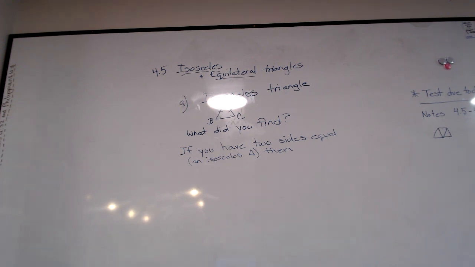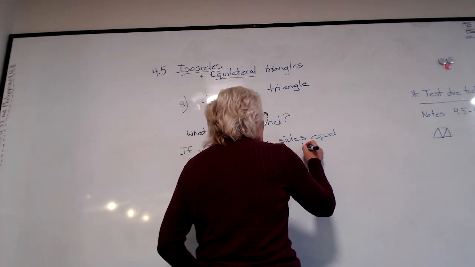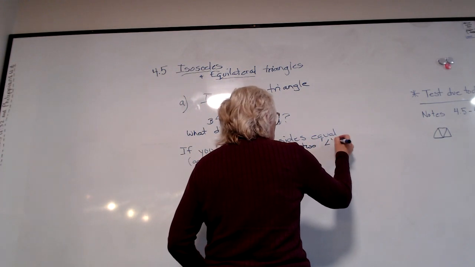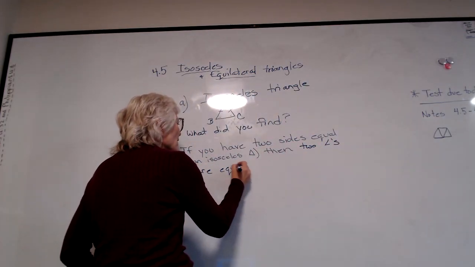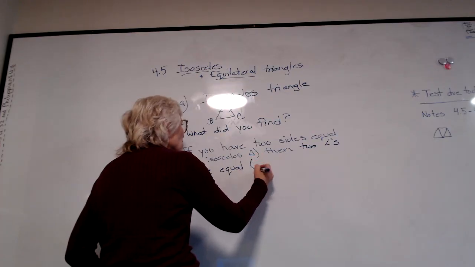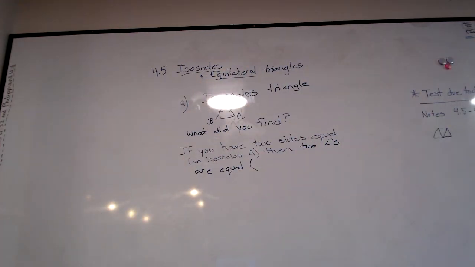Two equal angles? Yes, there are two equal angles. And how do I find which ones they are? Which ones are the two equal angles? They're the opposite of where you drew the two sides. Where they split.